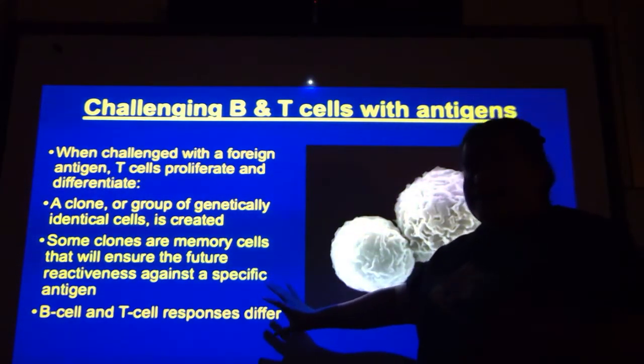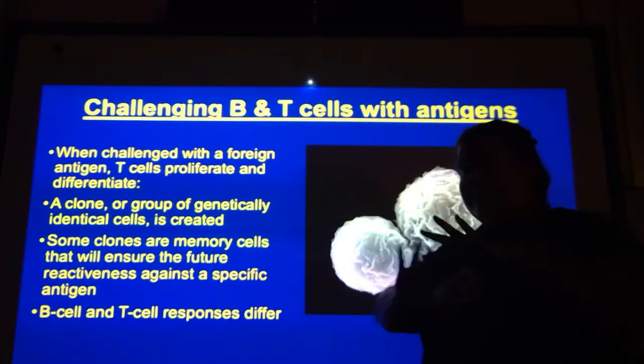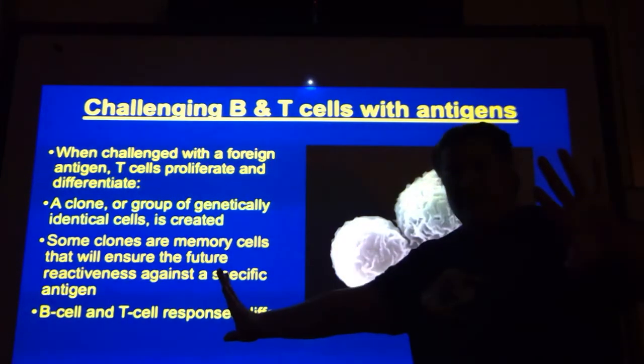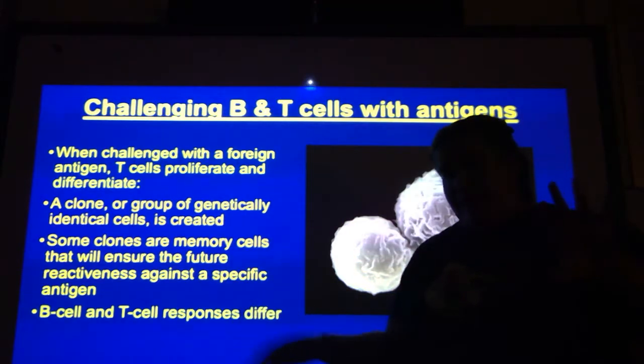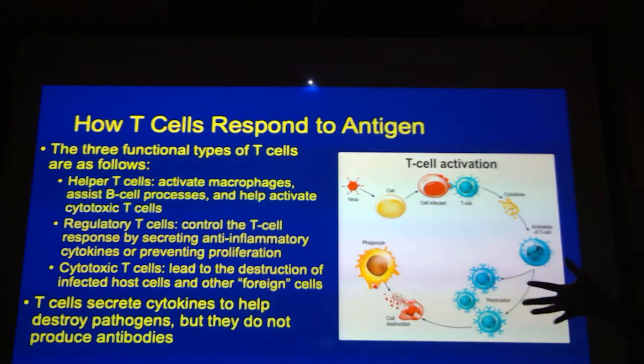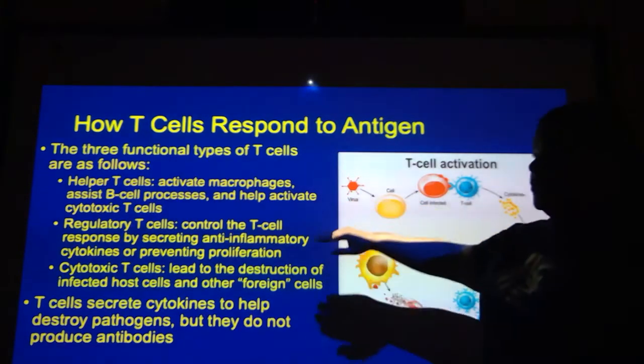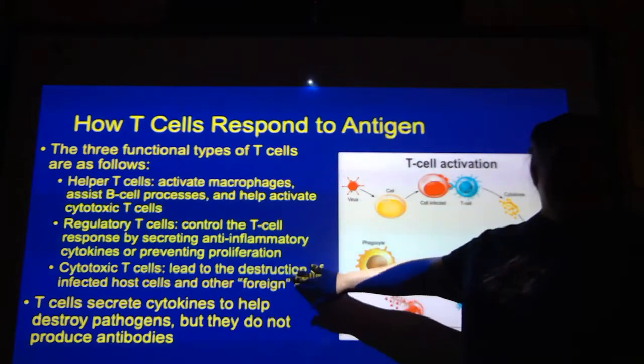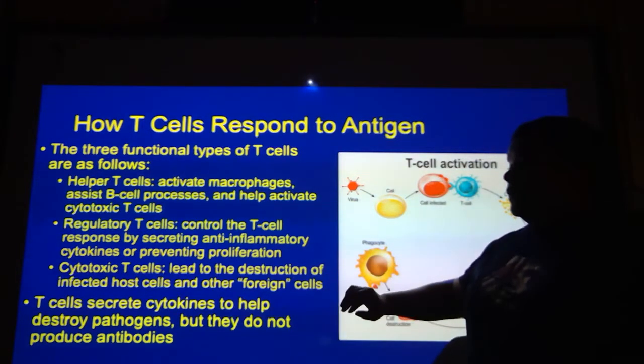And as I said before, B cells and T cells have completely different jobs. I told you B cells are antibody factories, T cells are definitely not. There are 3 primary functional classes of T cells. We have helper T cells, regulatory T cells, and cytotoxic T cells.